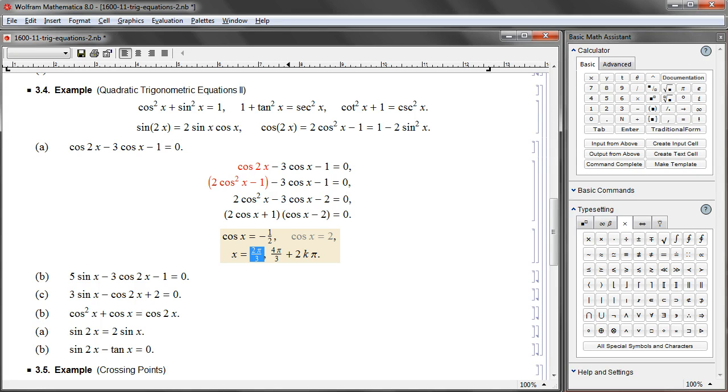Or you can write 2 pi over 3 and negative 2 pi over 3 plus 2k pi. That's perfectly fine too, because negative 2 pi over 3 plus 2 pi is 4 pi over 3. So changing the k value, you can put arbitrary integer there. So negative 2 pi over 3 or 4 pi over 3 generate actually the same thing. Now, if your domain is specified, then of course you have to find a solution within that domain.